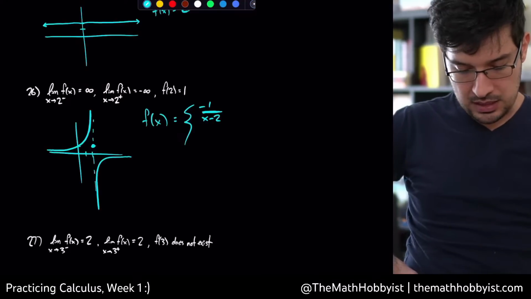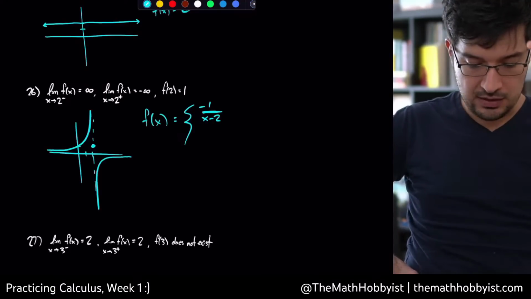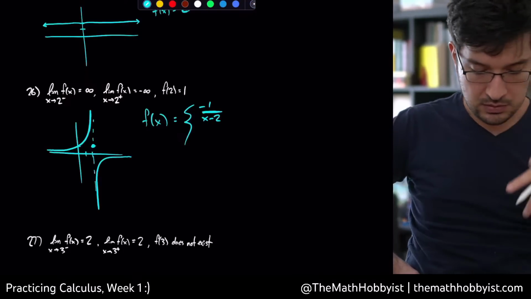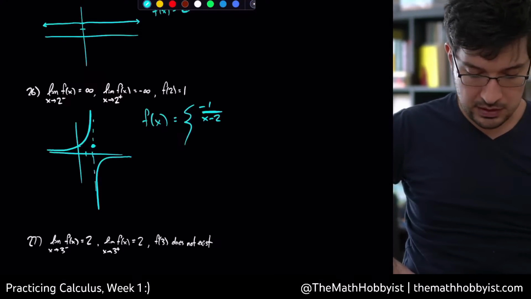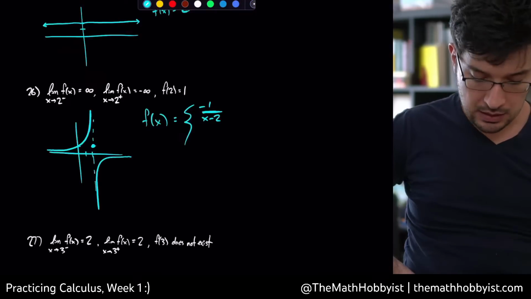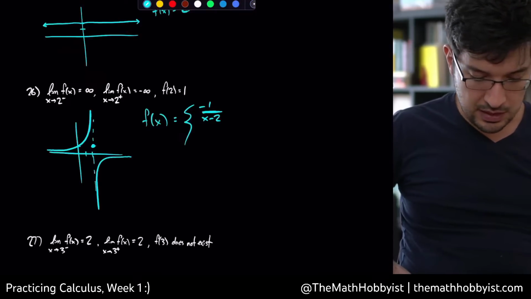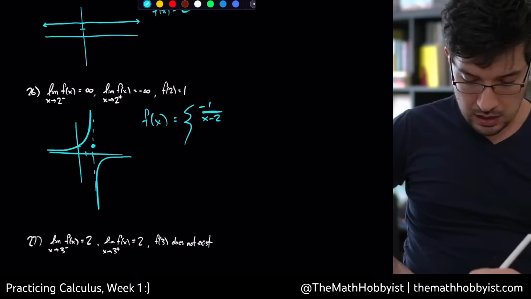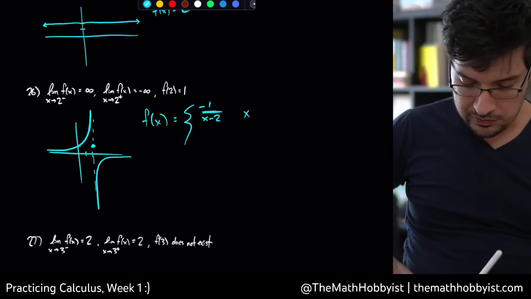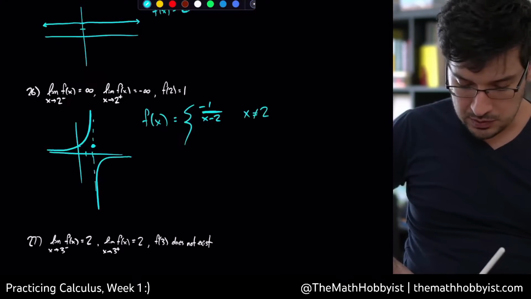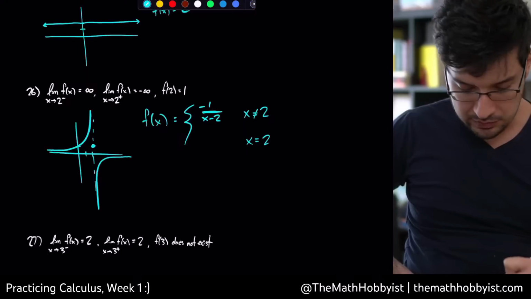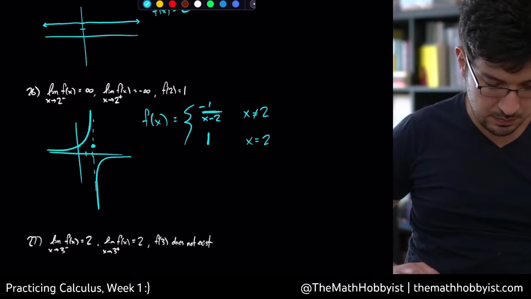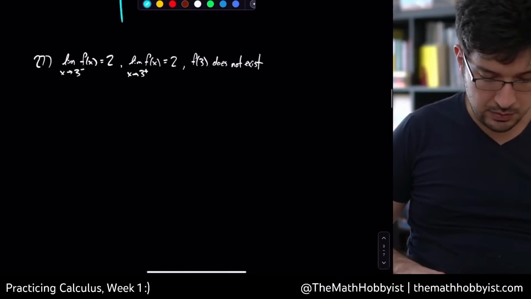So then we have a negative in the numerator and a negative in the denominator. So the value is positive, and we're going up to infinity. If x is greater than 2, then the value is negative. So this is defined for x not equal to 2, and then piecewise we just define it to be 1 at x equals 2. All right, next one.